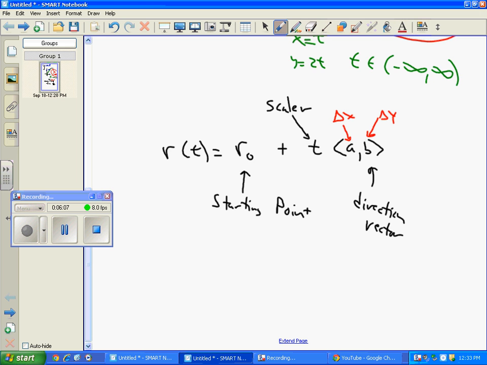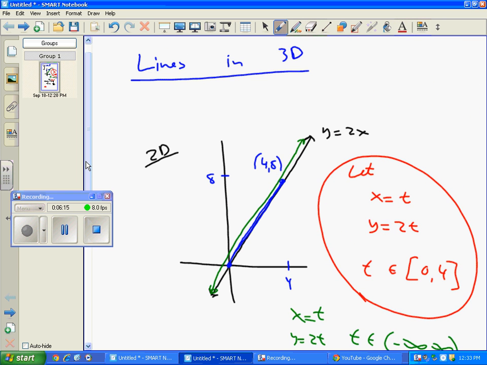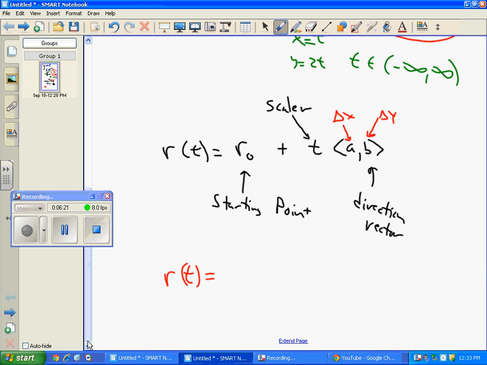We could do this real fast before we go. r of t is going to be the following. Would you agree there's lots of starting points I could pick for this line? What's an easy one to pick? Jerry? Yeah, 0, 0 is an easy one to pick. So I'm going to write 0, 0 plus a scalar t times the direction vector.